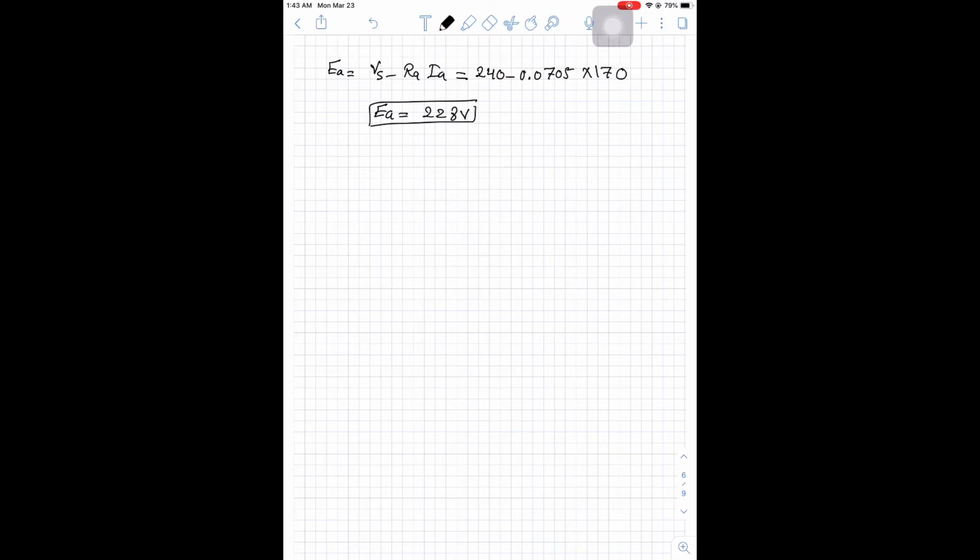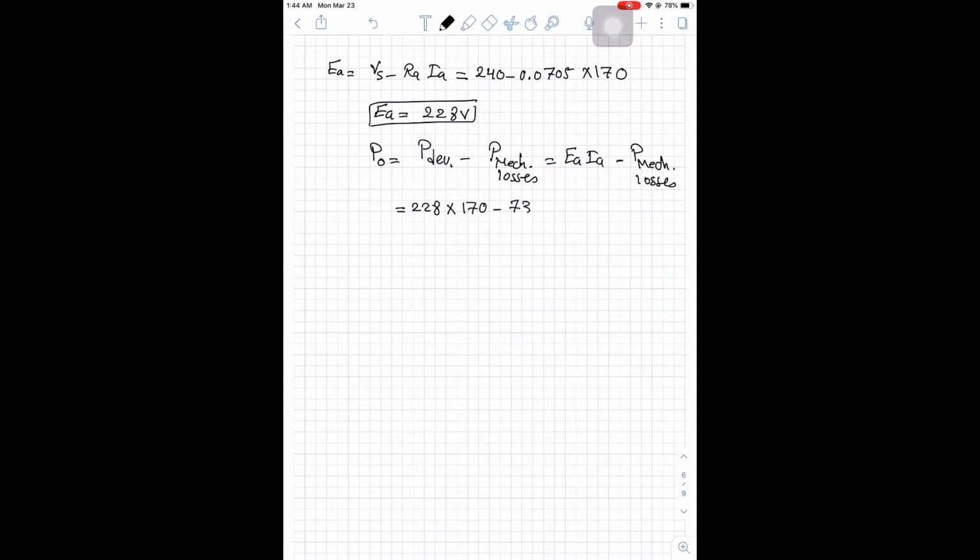Once we have EA and IA, P output equals P developed minus P mechanical losses, equals EA IA minus the mechanical losses.